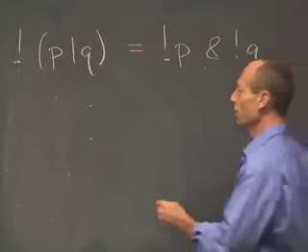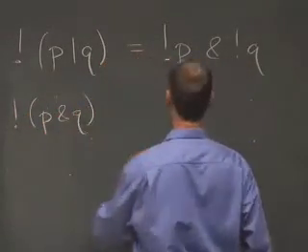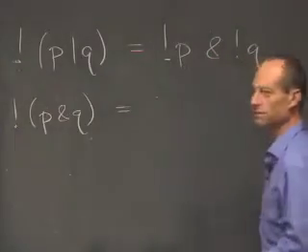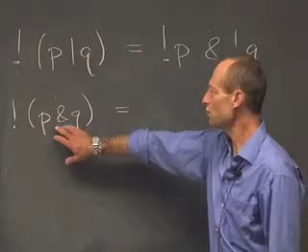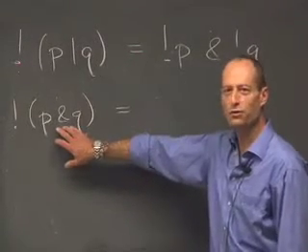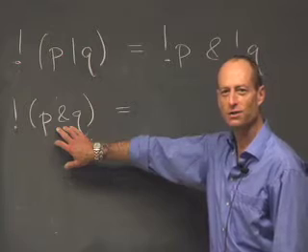Okay, what about not (P and Q)? This is true only when they're both true. Otherwise, it's false.